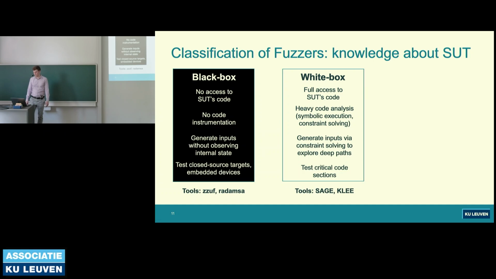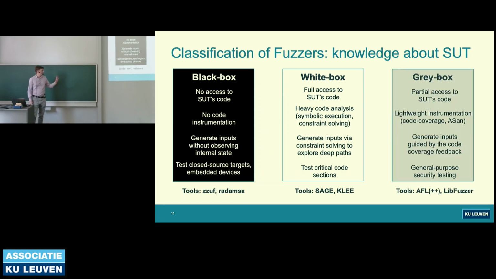security vulnerabilities. But the most well-known type of fuzzers is something in the middle, which is called gray box fuzzers. There you have partial access to the source code of the system under test. By partial, I mean you don't do any heavy code analysis, but you only add some instrumentation during the build process.